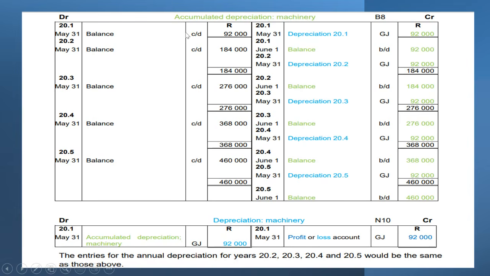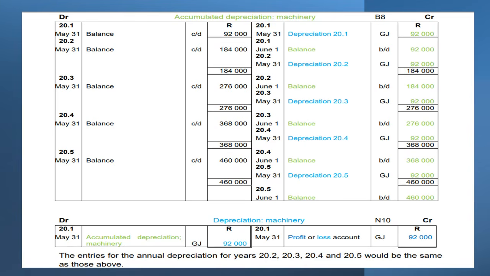The balance carried down that you see at 92,000 on the debit side becomes what? A balance brought down on the credit side on the first day of the following financial year. That's why here it's written what? 1 June 20.2. It becomes the balance brought down of 92,000 rand. We also calculated what?